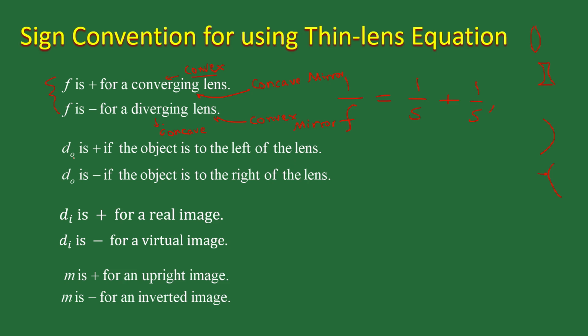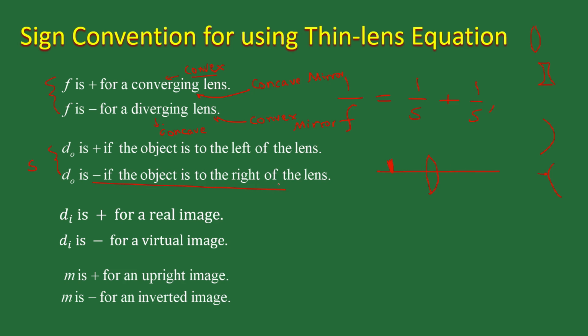For the object distance, again we are using S for that. The object distance would be positive if the object is placed to the left side of the lens. If we place the object here on the left side, then it is positive. If we have the object on the right side, then it is negative.